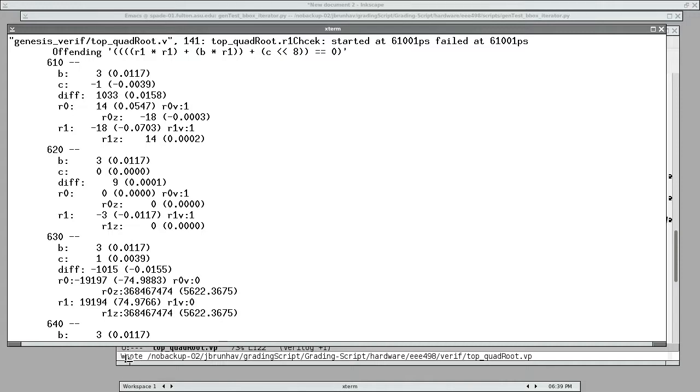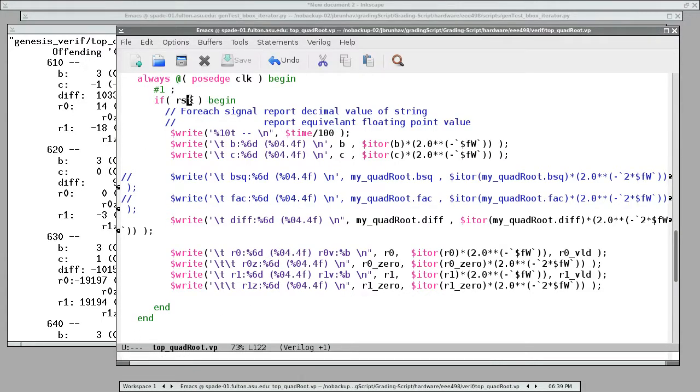So what we will do, if reset and R0 under valid and R1 under valid, go.